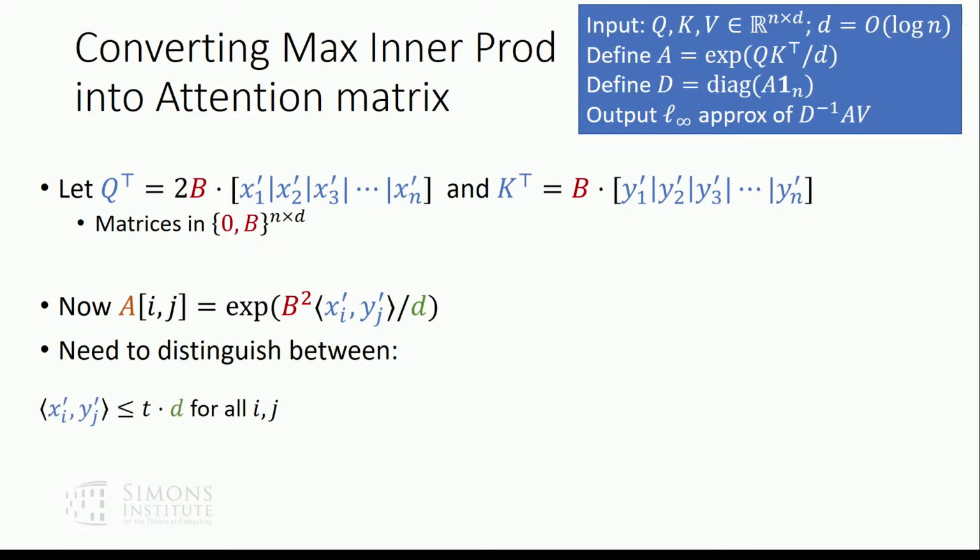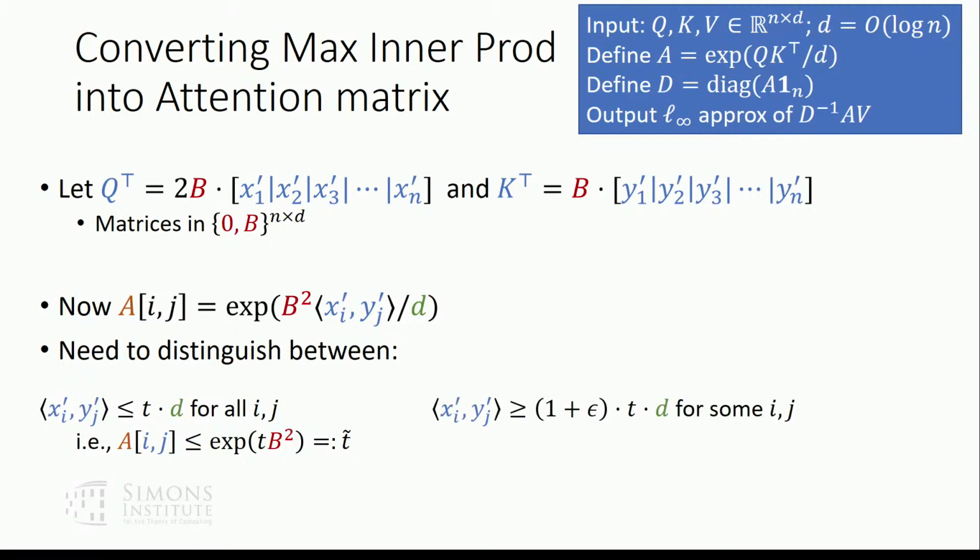The first is that all of them have small inner product. All their inner products are at most t times d, which means that in the attention matrix, all the entries are at most e to the power of t times B squared. Just plugging t times d into this. Okay, and I'm going to call that number t tilde. This is like an important threshold for us. So case one, all the entries are at most this number t tilde.